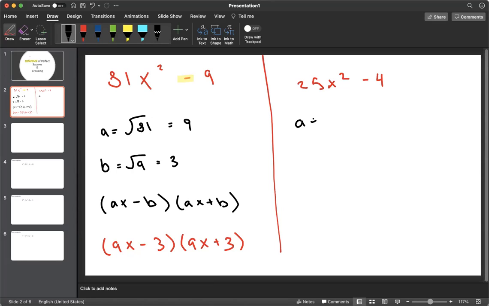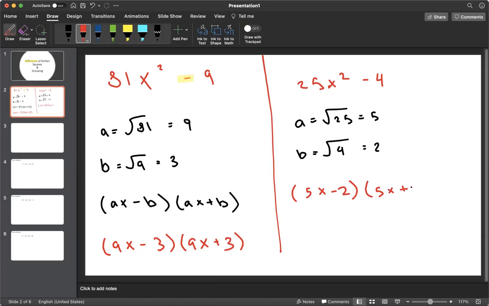So we set a equal to the square root of the first number, which simplifies to 5, and b equal to the square root of the second number, 4, which simplifies to 2. So we use our formula. This factors to 5x minus 2 times 5x plus 2.